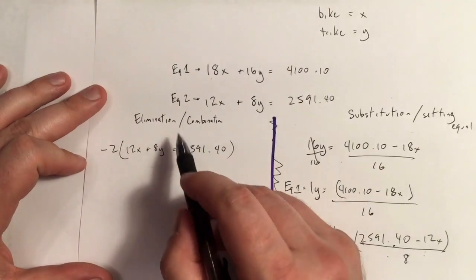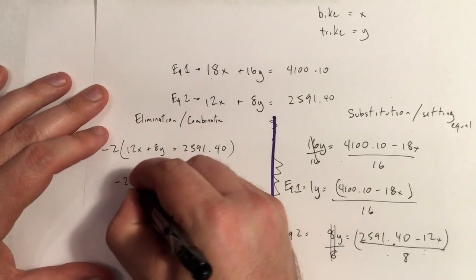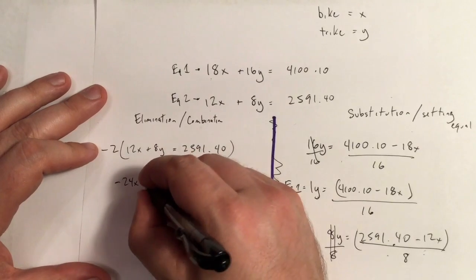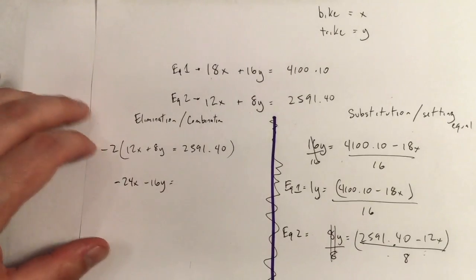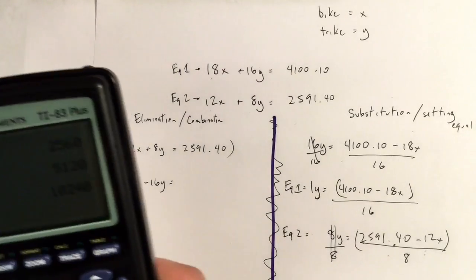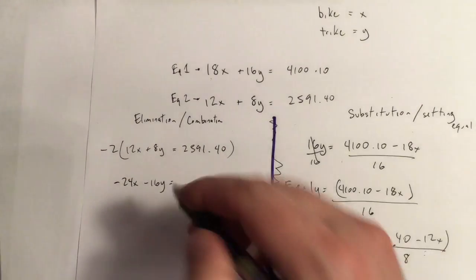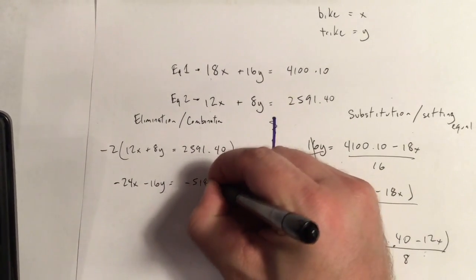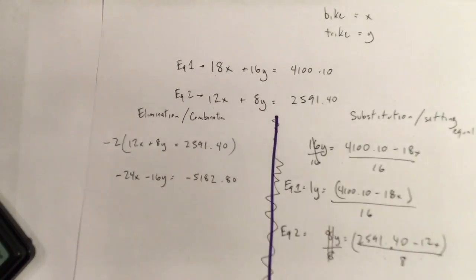I think you'd probably actually want parentheses on both sides, but okay, so -2 times 12x is -24x. -2 times 8y is -16y. -2 times $2,591.40 is $5,182.80. Hold on. Time to give the old dog his medicine.